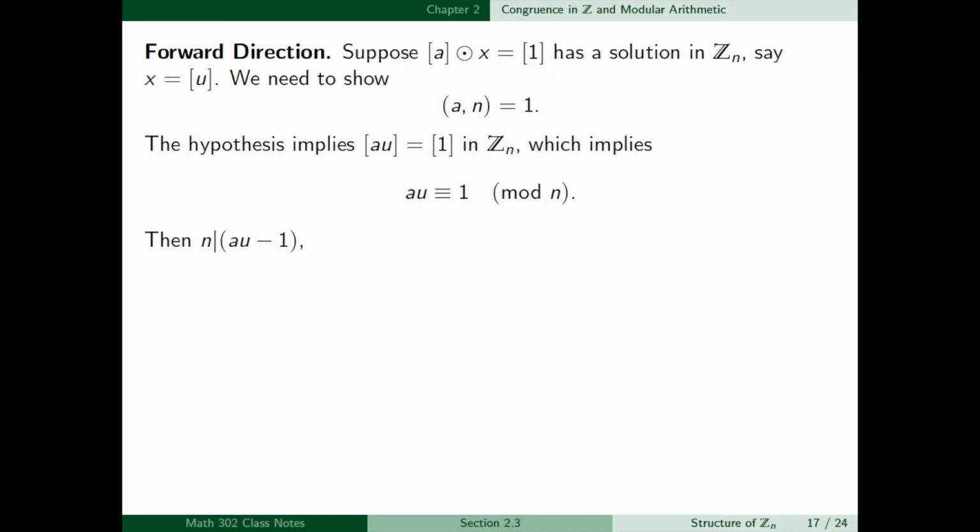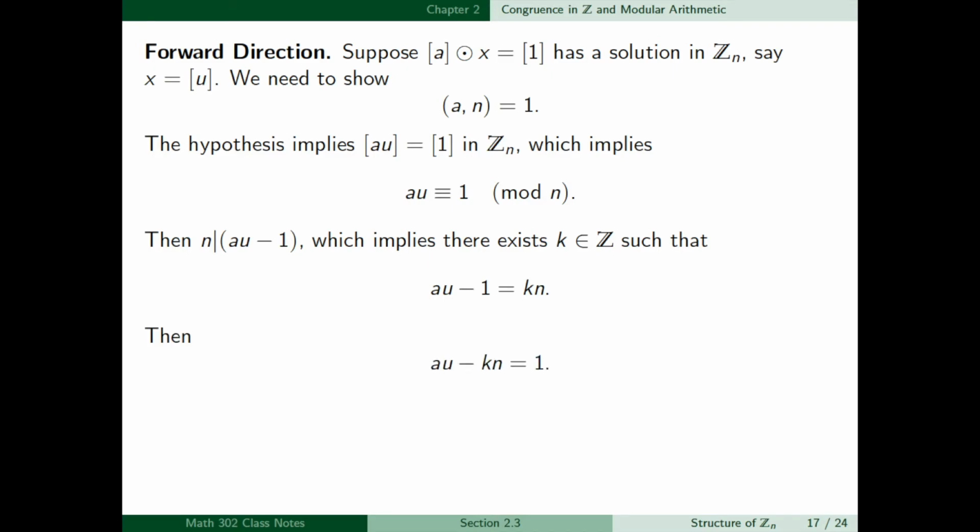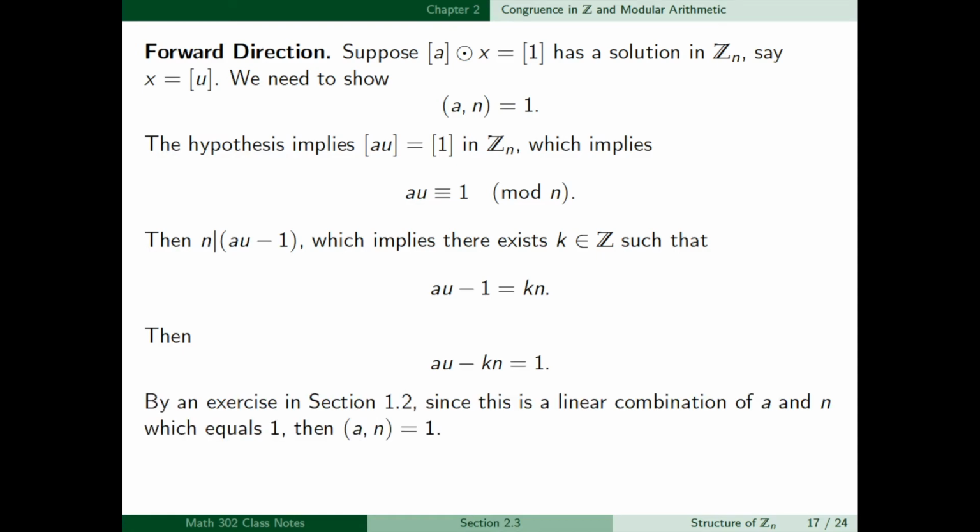So that implies that n divides au minus 1, which implies that there exists an integer k such that au minus 1 is equal to kn. So then au minus kn is equal to 1. Now, by an exercise in Section 1.2, since this is a linear combination of a and n which equals 1, that tells us that the GCD of a and n is equal to 1. And this proves the forward direction.